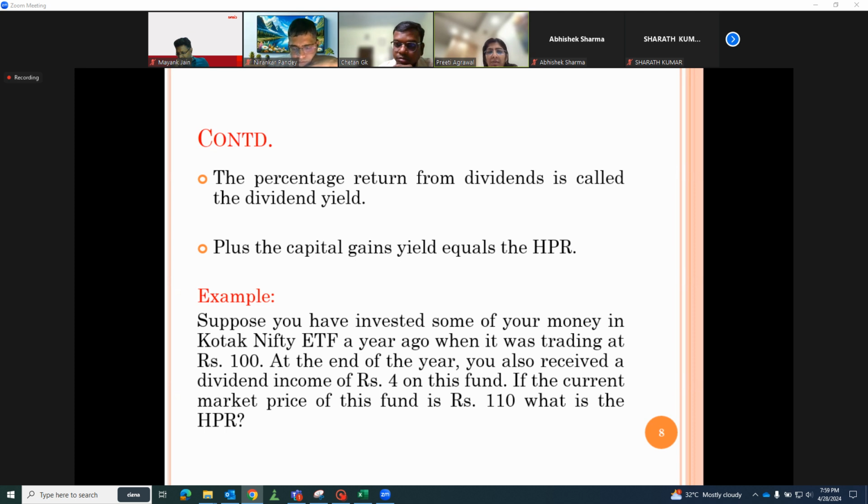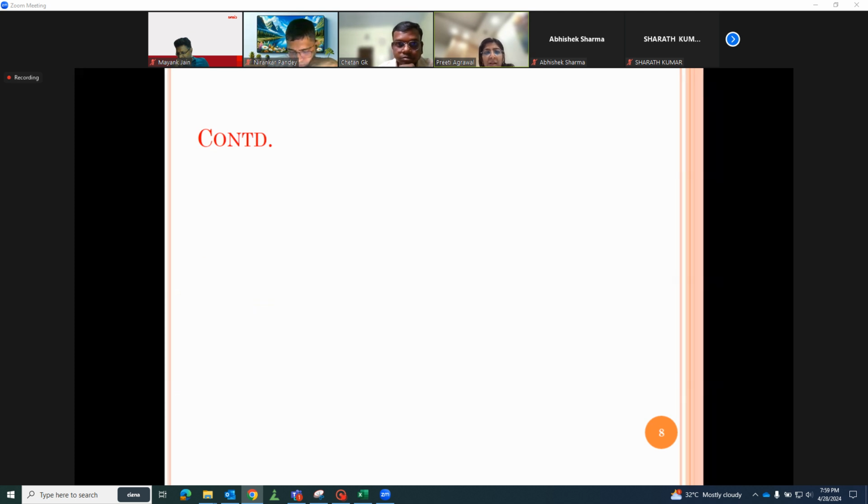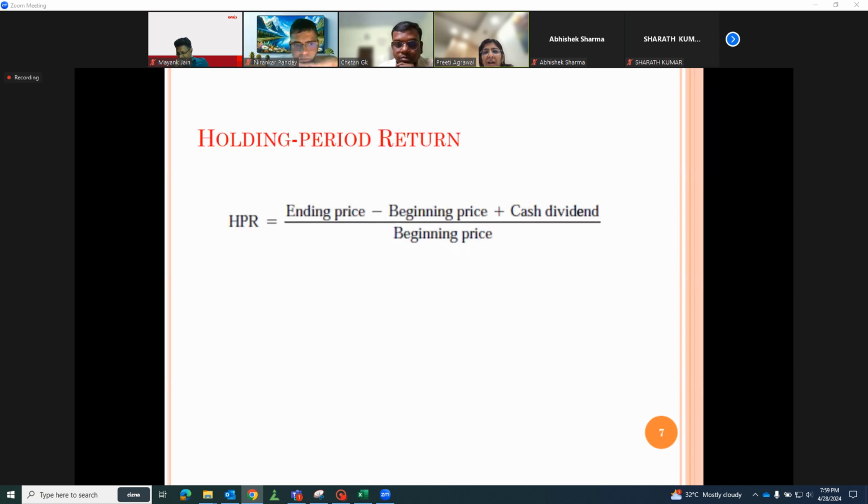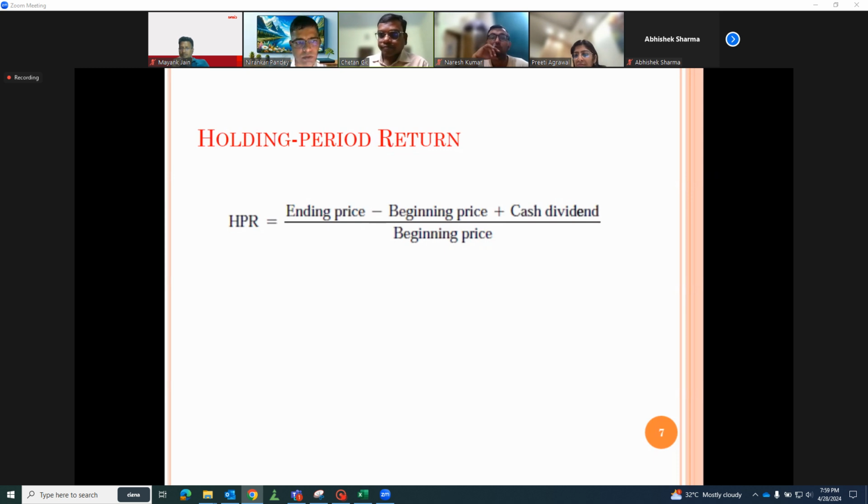In the previous slide, in the formula, we divide by beginning price. Why do we divide by beginning price? If you don't divide, you will not get the percentage return. It will be a fraction. To get the HPR in value, we go for ending price minus beginning price plus cash dividend. If you want to calculate in percentage, then we have to divide.